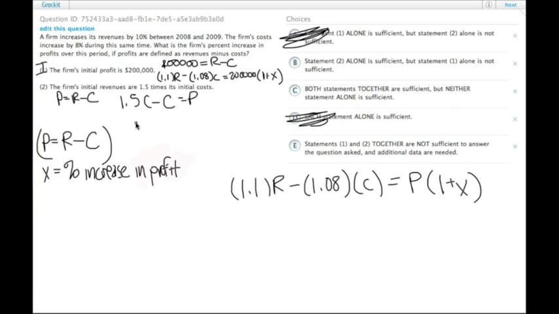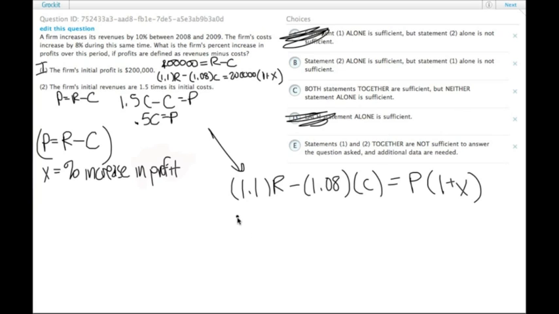And so we end up with 0.5C equals P, which is handy. We can also convert this same ratio over into our big equation. It gets rid of one of our variables.